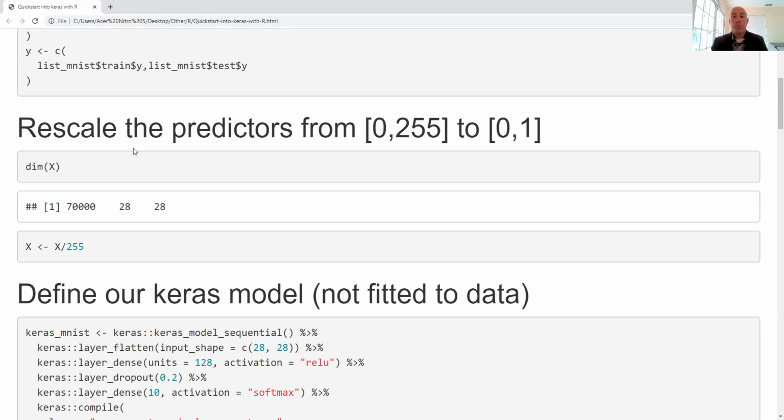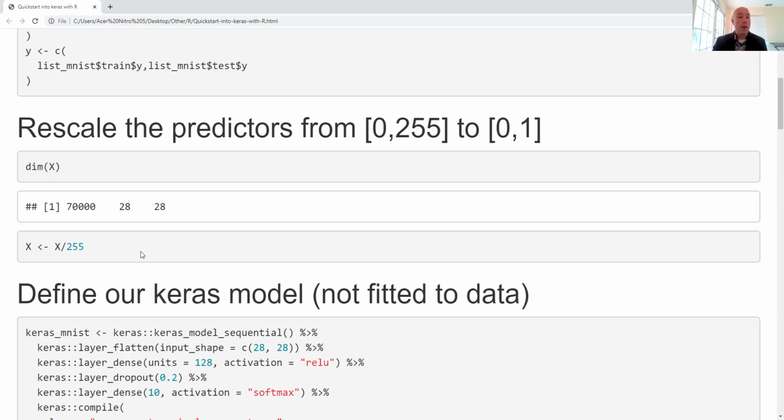To get this onto 0 to 1, I just divide X by 255, and boom, it puts everything from 0 to 1 for me.